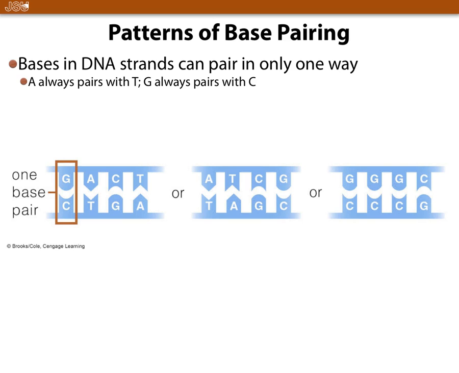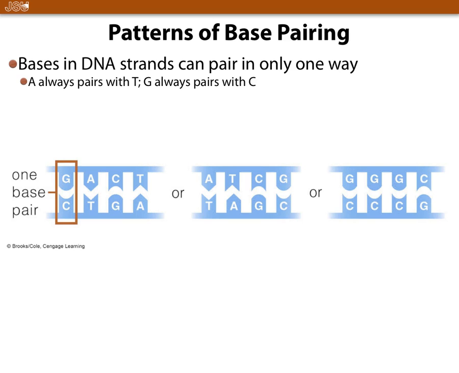What is its complement? Okay, or what's the opposing strand? And you have to know the base pairing rules. I'll say that again. You have to know the base pairing rules.